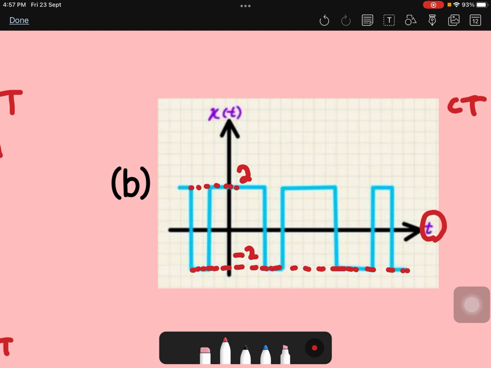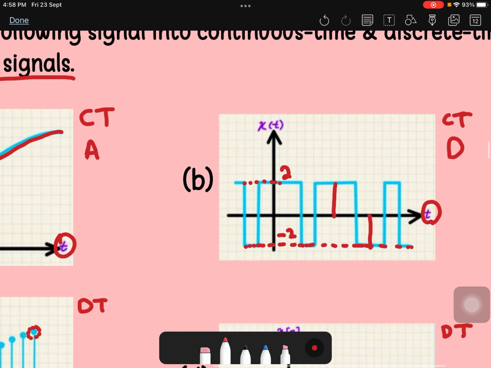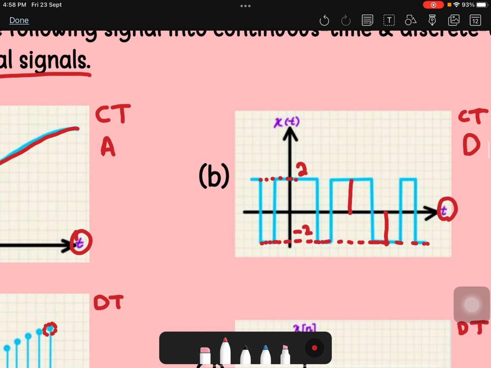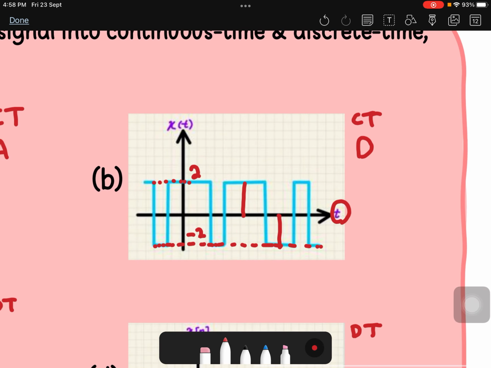So the amplitude changes only between 2 and minus 2. At this time the amplitude is 2, at this time the amplitude is minus 2. Therefore this is a digital signal. So this one is continuous time and analog. This one is continuous time as well, but it is digital, because the amplitude varies between only two finite values.